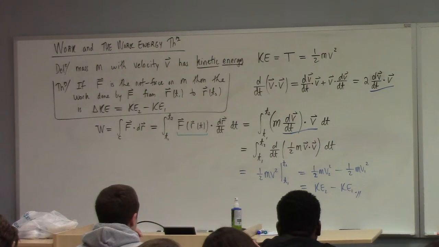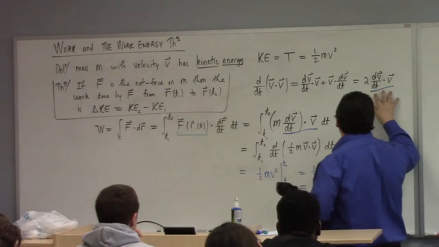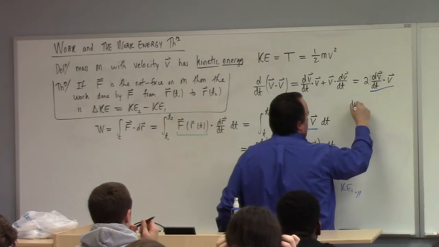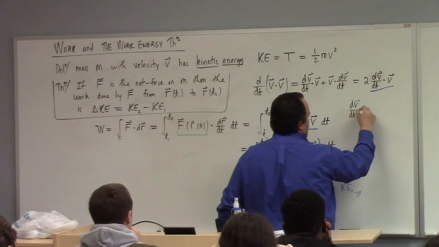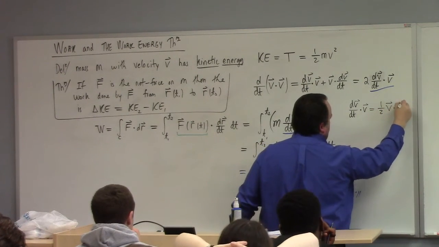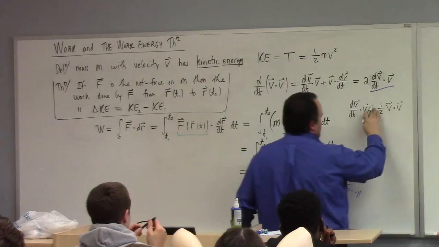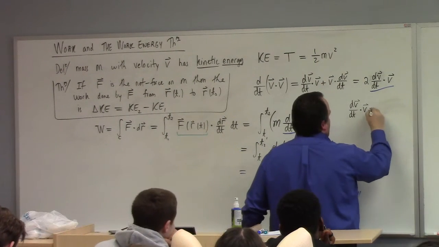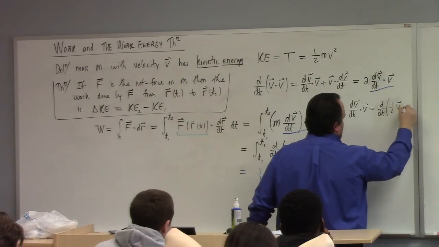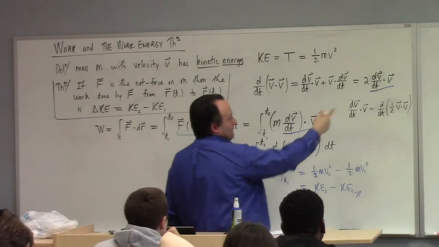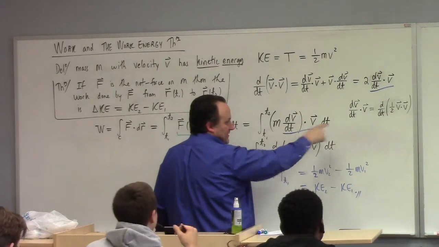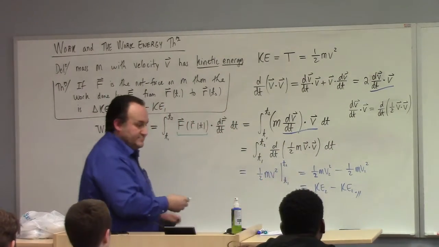If we solve for dv/dt dot v, dv/dt dot v is equal to the derivative of 1/2 of v dot v, from this. So I have an m here, so I pull it inside and I get that. That's all.